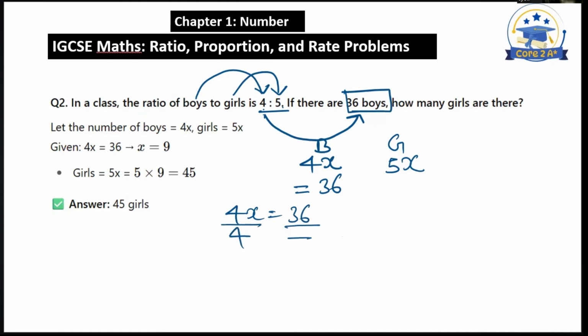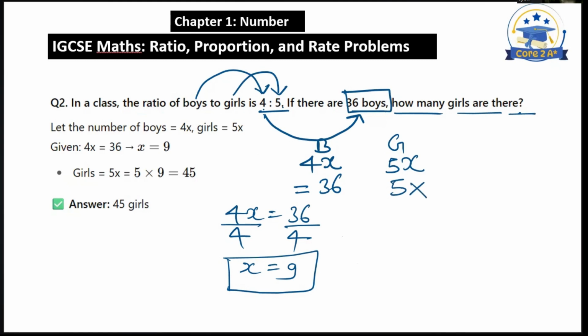Divide by 4 on both sides. So x equals 9, right? This is the value of x. And what is the question saying? How many girls are there? Girls 5 into x, 5 times 9, 45. So how many girls are there? 45 girls. Okay.